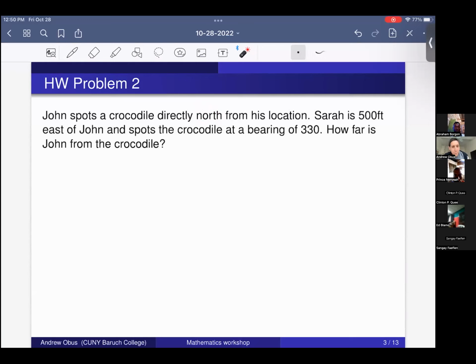So again, like every bearing problem, we just draw a picture, right? So let's start with John. So here's John, right? And the crocodile, so here's John, and we can draw a little picture if we want. So here's John, and the crocodile is directly north from his location.